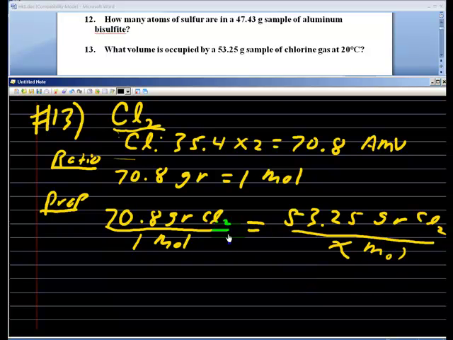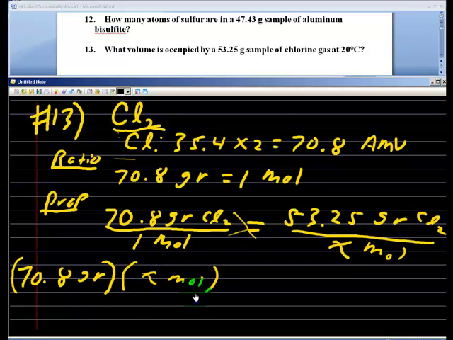We would do the cross multiplication, and it's going to give you 70.8 grams Cl2 times X moles is going to equal 53.25 grams times 1 mole.